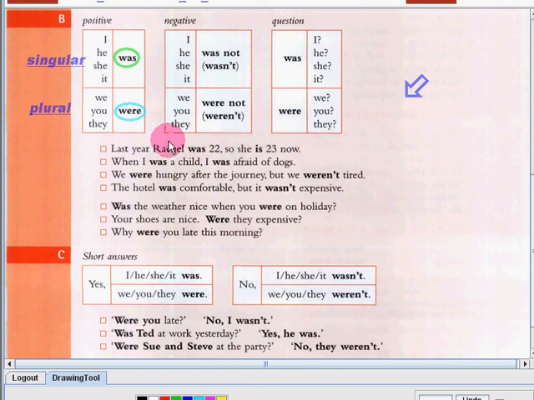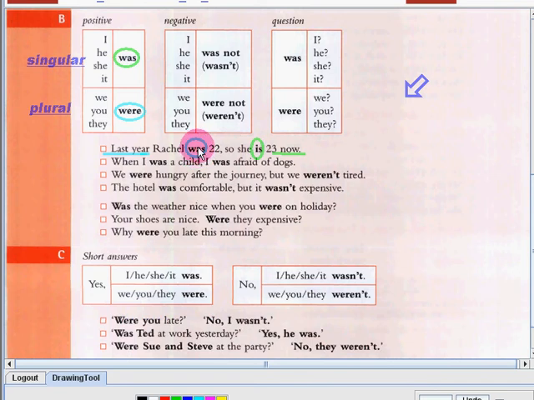Last year, Rachel was 22, so she's 23 now. So, we use both past and present tense of the verb here. For the first clause, we can see was. Why?